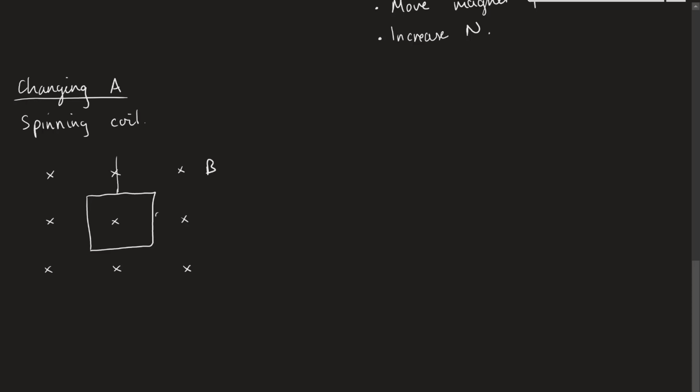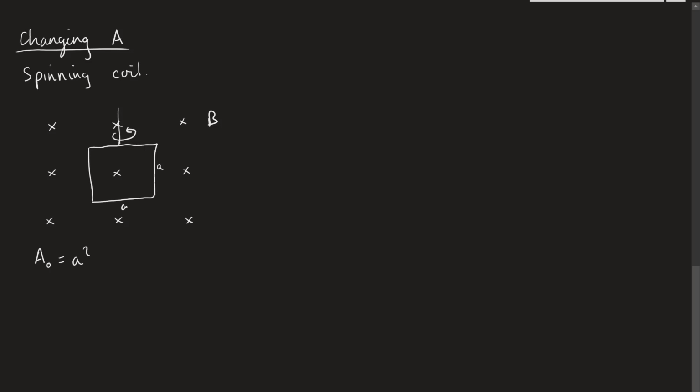And we said that this was a square with a cross-sectional area A, or maximum was A naught, which we said is now A squared because it's obviously a square. And we said that I'm going to rotate this around here, and that changes the area, which changes the flux density, right? Or at least it changes the amount of flux.